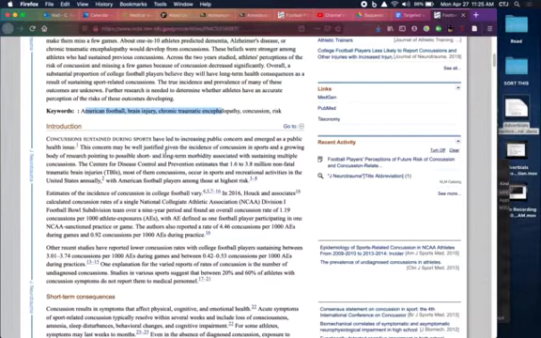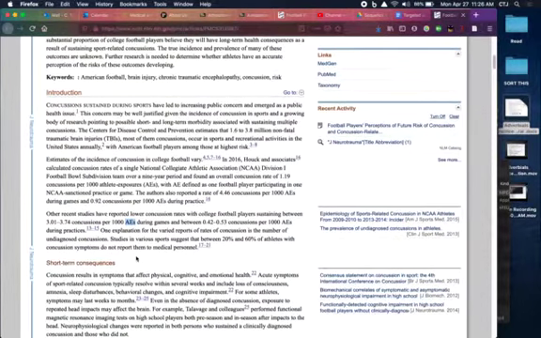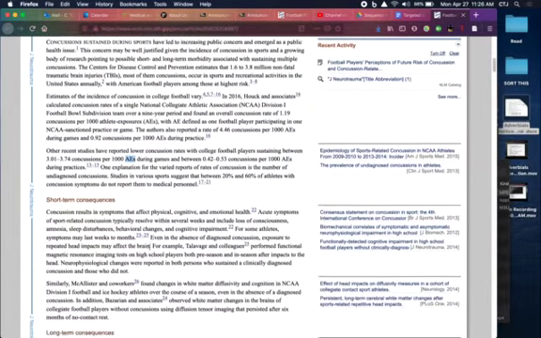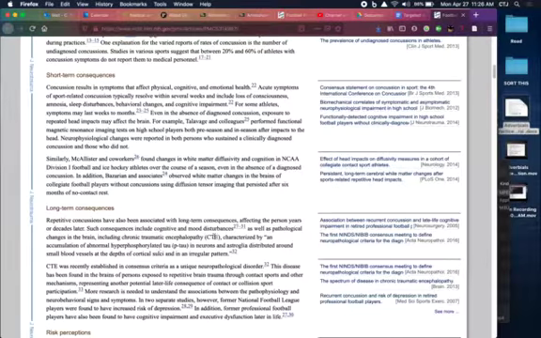But then as we start scrolling down into the introduction, you would think that the introduction should be fairly easy to read. But I'm scrolling down here, and I see concussion 3 to 3.74 per 1,000 AEs. This is typical of academic articles where there are abbreviations that occur throughout, for example, CTE.